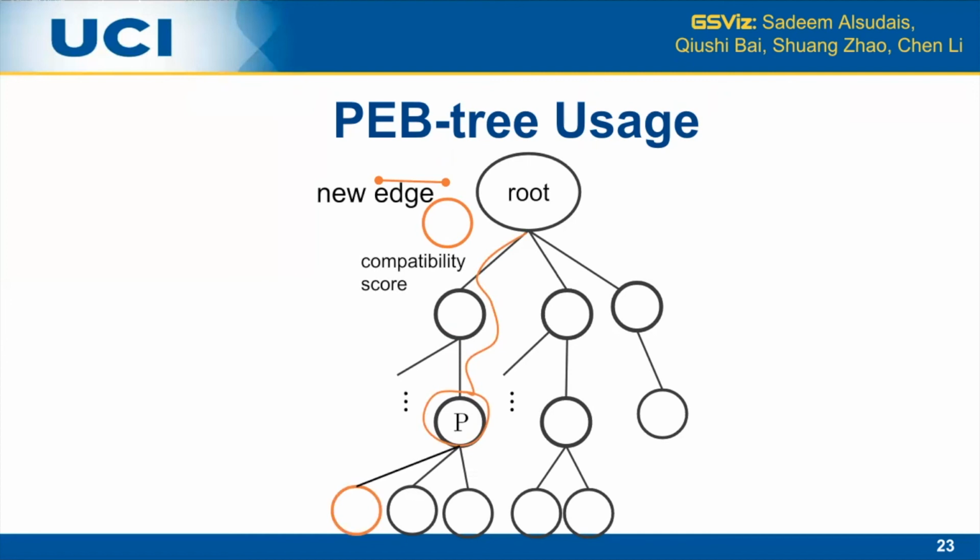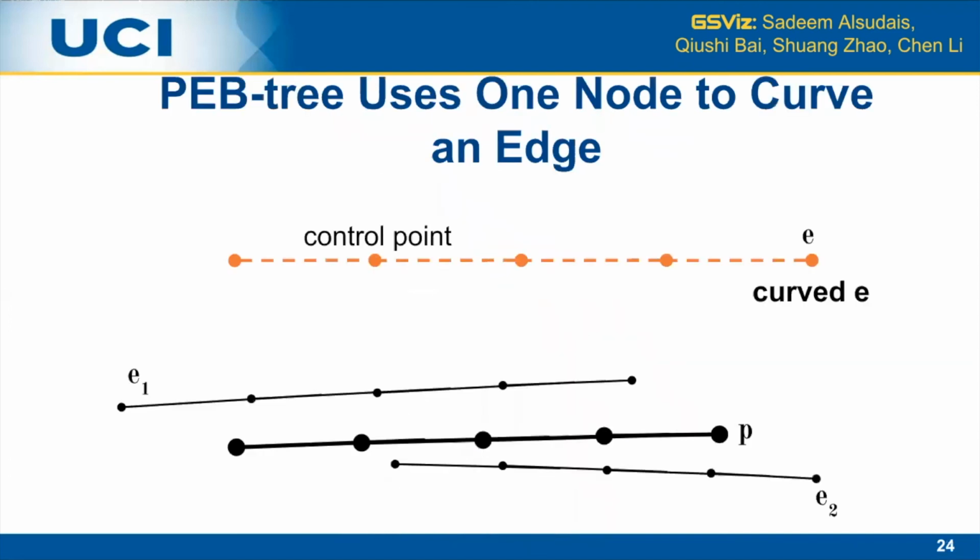Finally, we use this parent node edge, which is P in this case, and its weight to compute the forces on the control points. P is nothing but the weighted average of its children with weight 2. In this case, instead of using E1 and E2 to drag the forces, we use P's edge and weight only. This reduces the computation significantly.